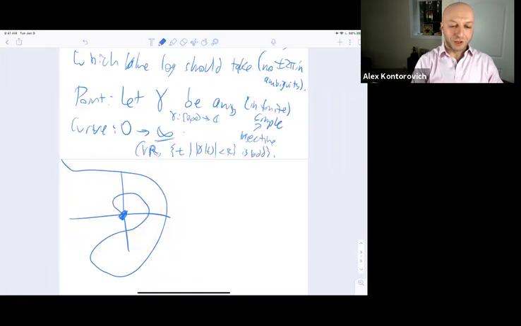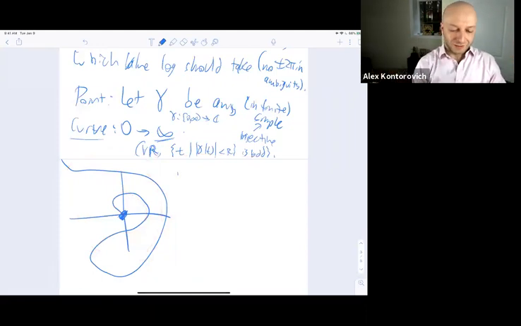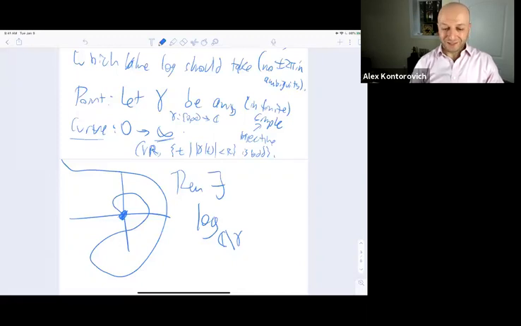So for any simple curve that escapes any bounded region, there exists a function log on C minus the curve. C minus the curve is simply connected.